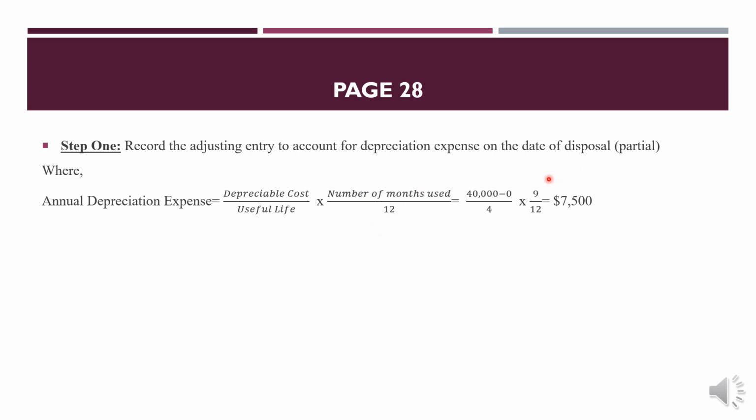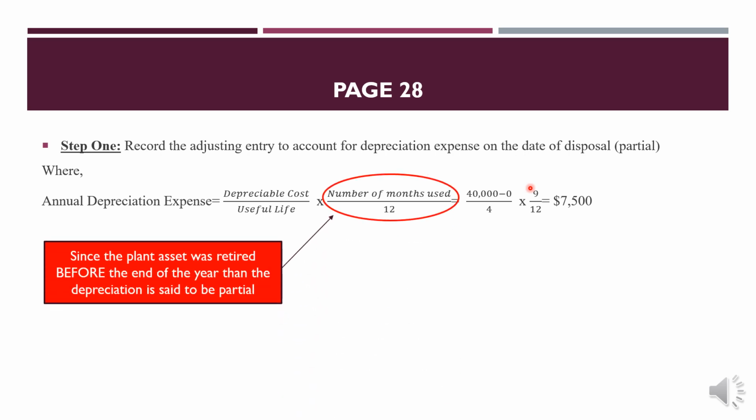Here we have from January till the end of September, so we have 9 months. So the depreciation expense for the year 2020 is $7,500.